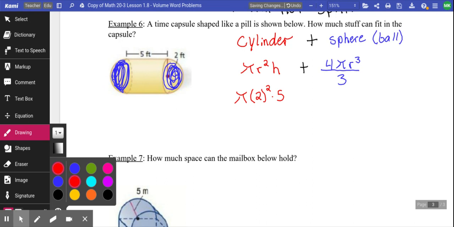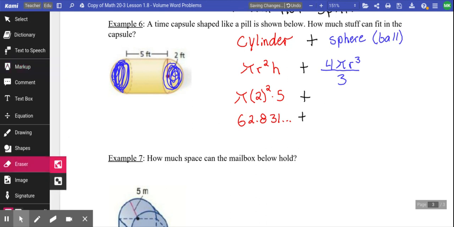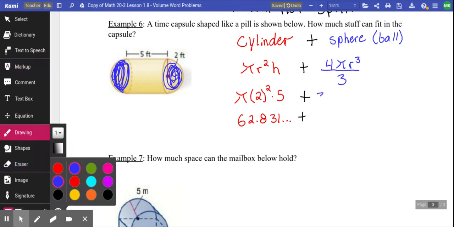If you put that in your calculator, you should get 62.831... On the blue side, when you calculate that, the sphere is 33.510.